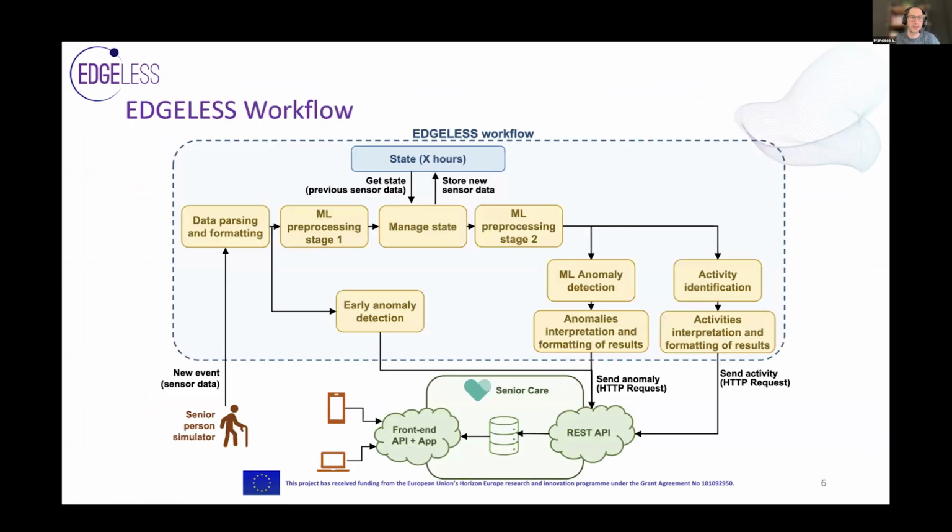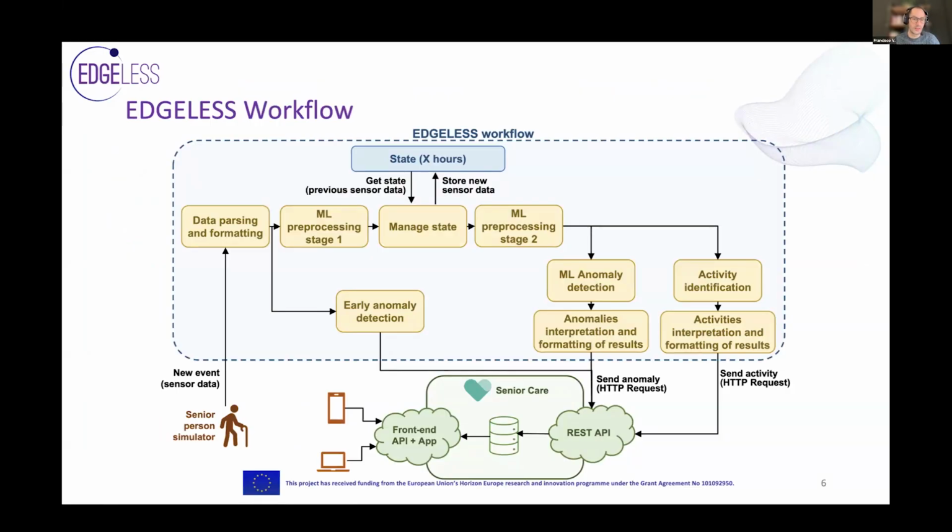And here you can see the Edgeless workflow that we have defined for the use case. I must say that this is a simplified version of the Edgeless workflow that we have for the use case, because we are not including here several resources that we use for logging purposes and also to enter and exit the Edgeless workflow. But I'm going to explain this simplified version so you can understand what we've done.